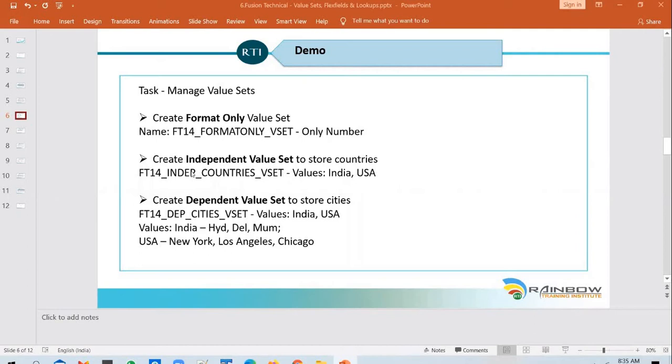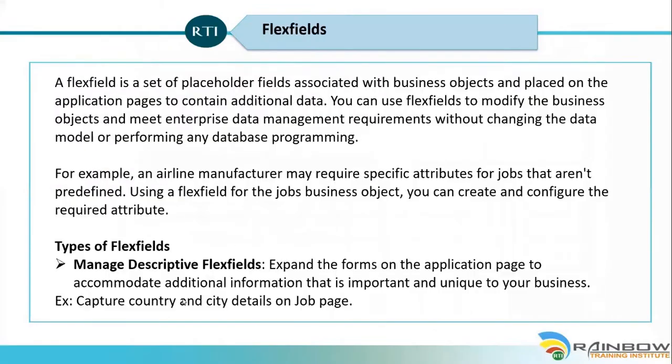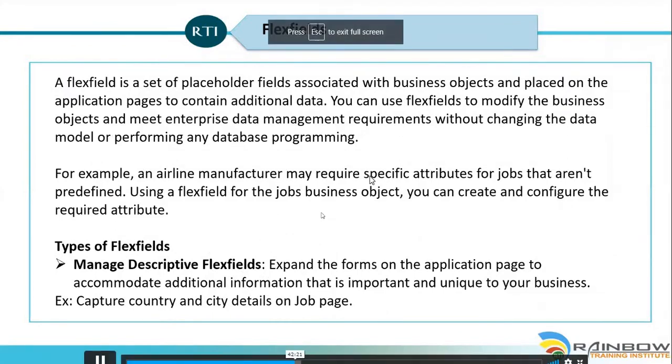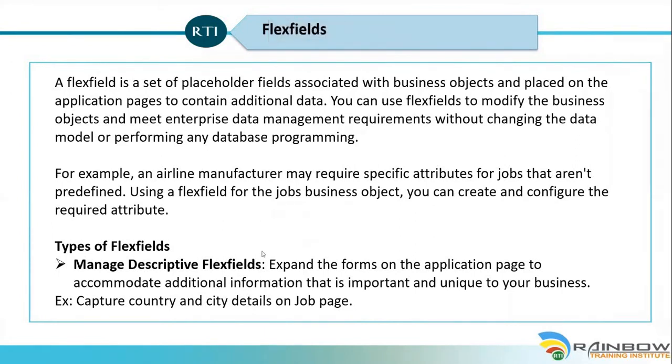Yeah, if I have two value sets, I need to assign these two value sets to two fields, and depending upon the selection of the first value set, the second value set should change. We're going to do the same thing now. We're going to explore that in the DFF. So we will enable a DFF wherein you see how a dependent value set works. Oh, okay. You will have your answer in the next 10 minutes. Yeah. Okay, got it.